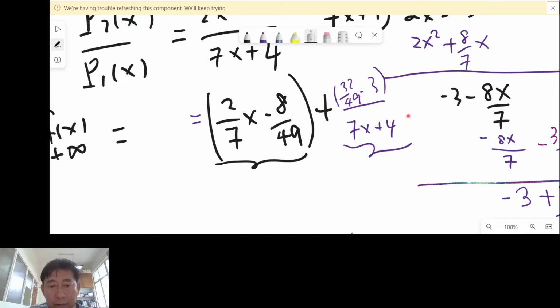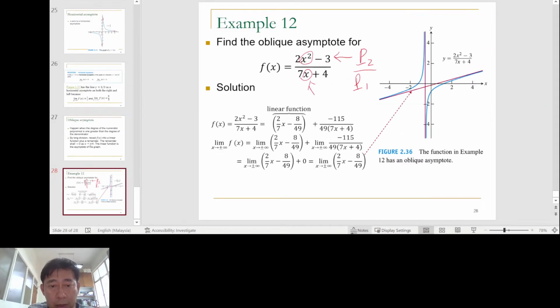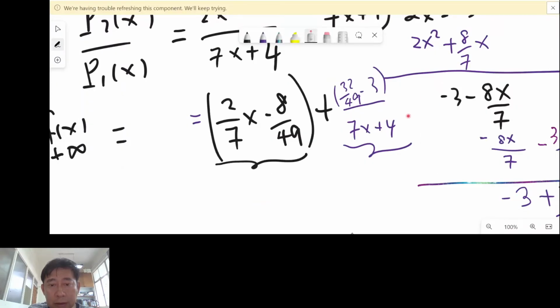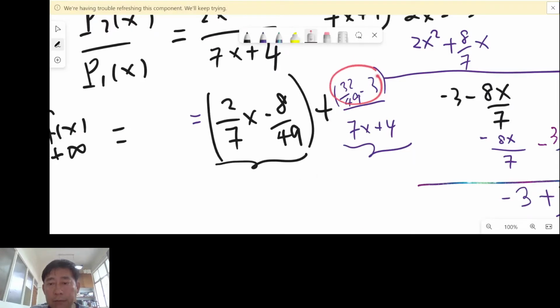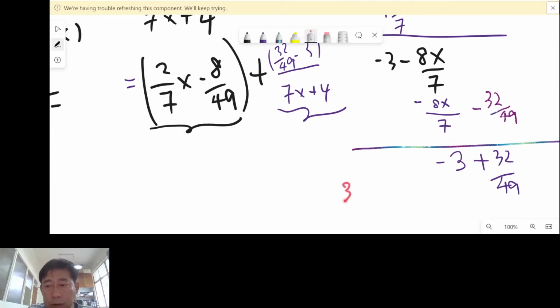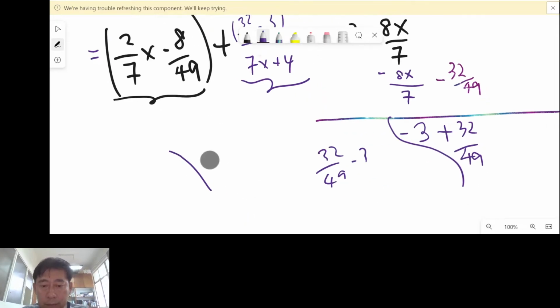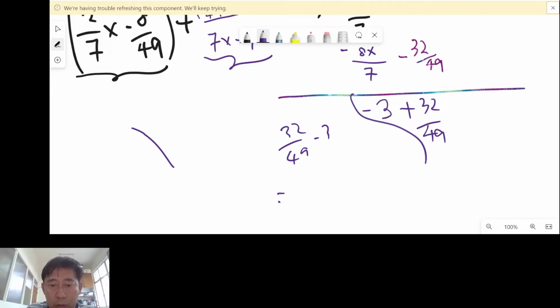Okay, so let's see if what I have done here is correct. So the answer turns out to be 2 over 7 x minus 8 over 49, which is correct. And then here is a number of minus 115 over 49. So I suppose minus 115 over 49 is just this number. Okay, let me check if this is true. So I have 32 over 49 minus 3, and this should be equal to 32 minus 3 times 49 divided by 49.